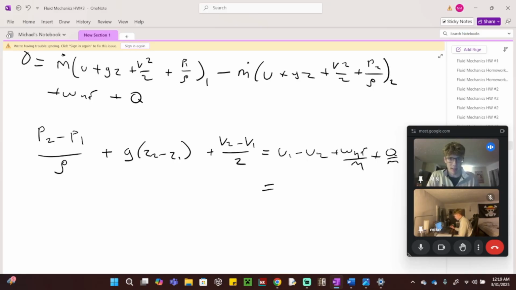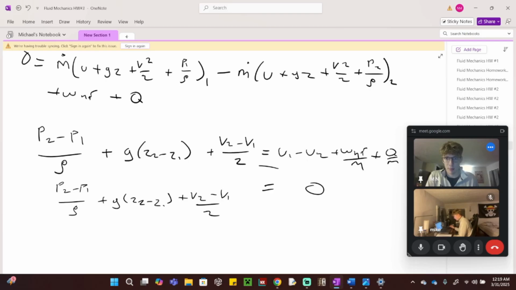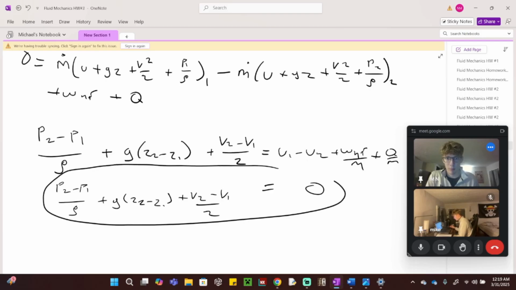And when this side is equal to 0, this side remains the same. We call this scenario, or this equation, the Bernoulli equation.